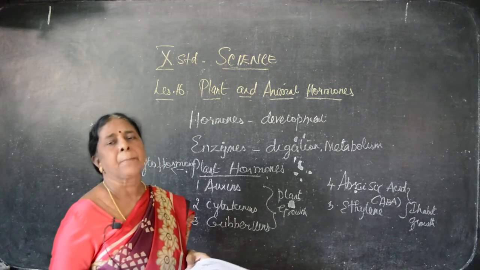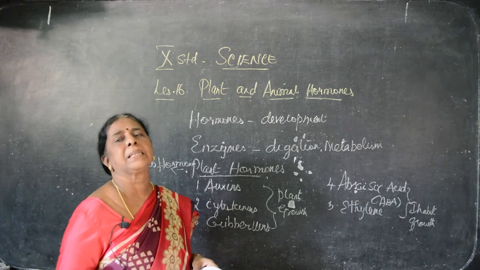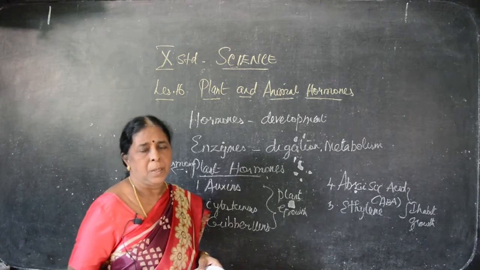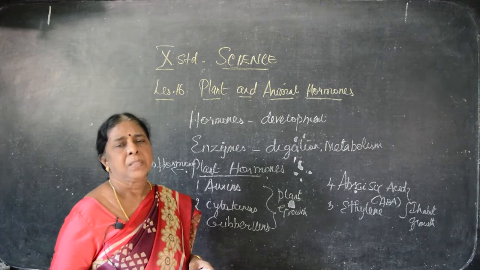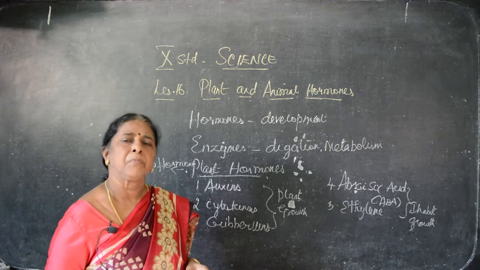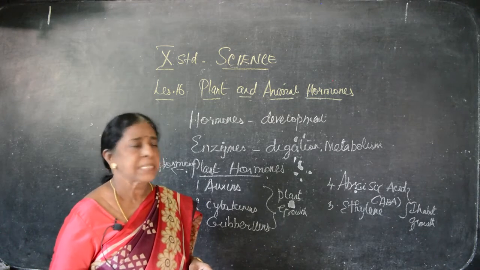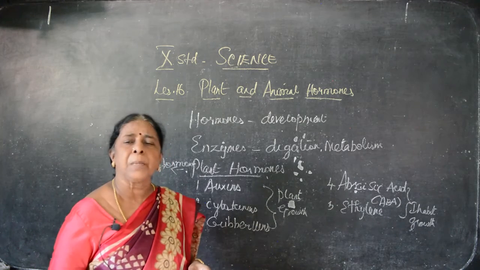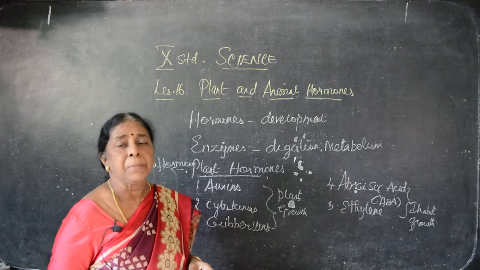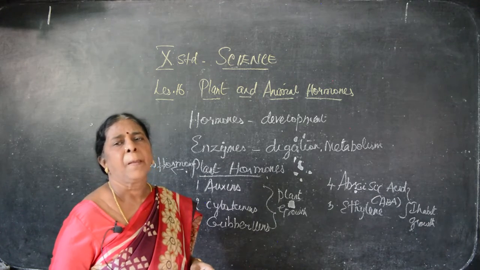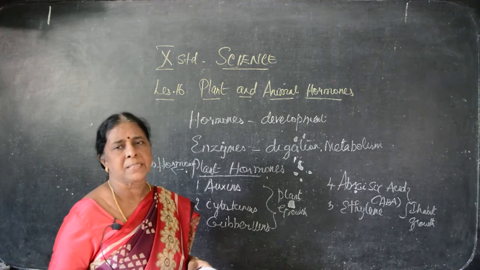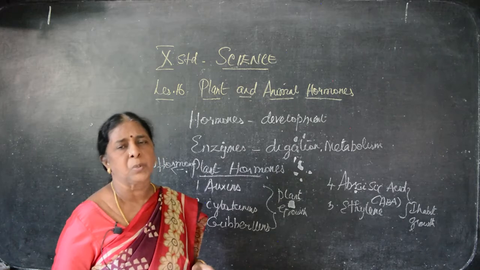First one, auxin. I said at the very beginning that nothing can be accepted from scientists without proof. With some experiment only can we prove whatever it may be. They said auxin helps plant growth. Mainly, auxin helps in the tip of the plants. Tip means what? The corner of the plants.